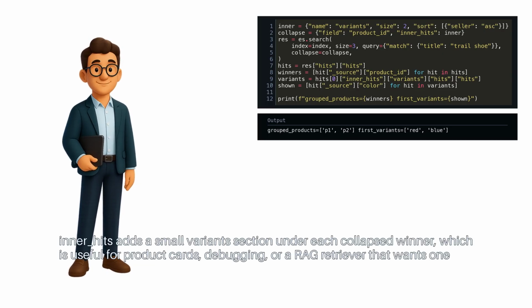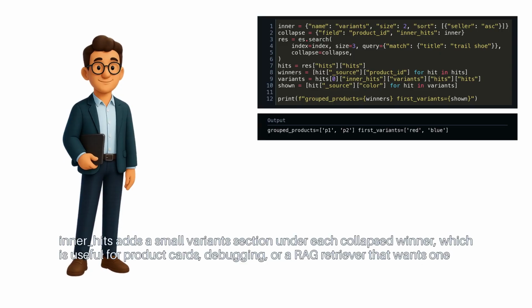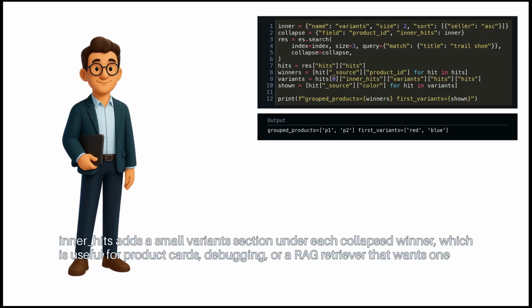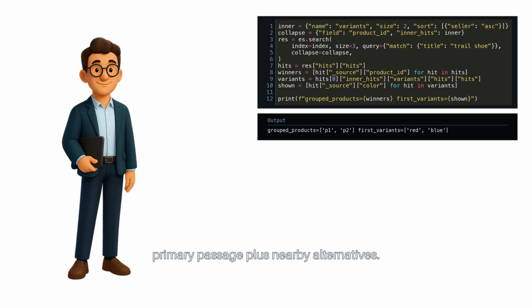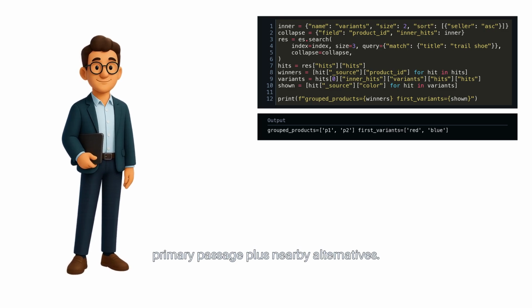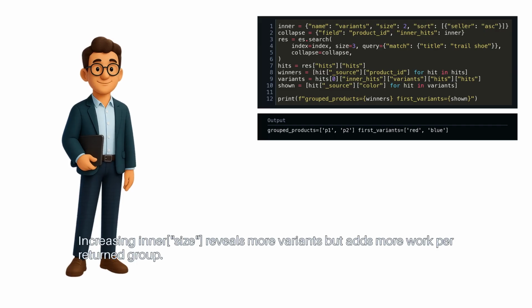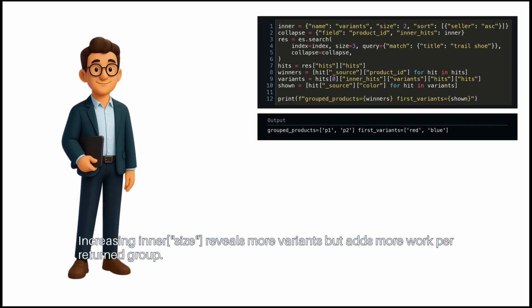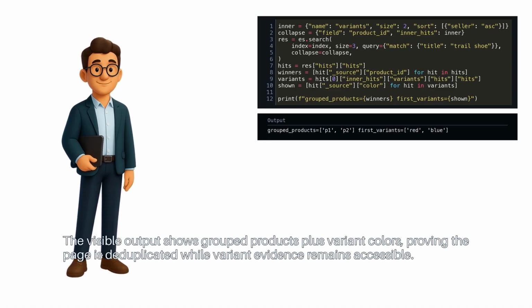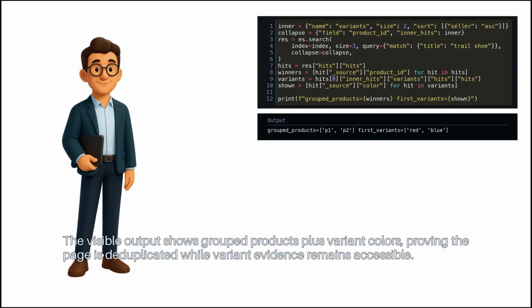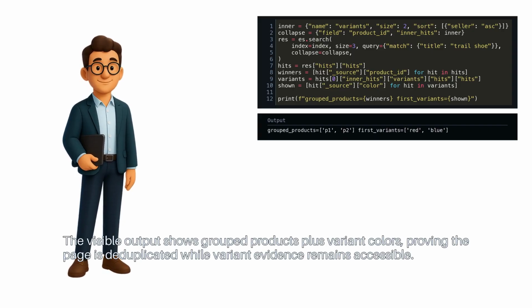Inner hits adds a small variance section under each collapsed winner, which is useful for product cards, debugging, or a RAG retriever that wants one primary passage plus nearby alternatives. Increasing inner size reveals more variants but adds more work per returned group. The visible output shows grouped products plus variant colors, proving the page is deduplicated while variant evidence remains accessible.